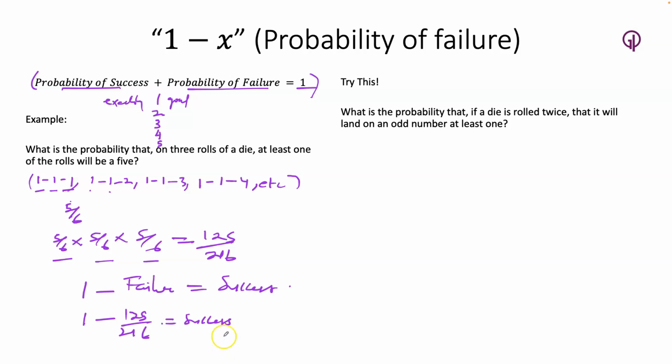And therefore success is this minus this, which is 91 all over 216. So if you want to find the probability that on 3 rolls of a die at least one of the rolls will be a 5, this is it: 91 over 216. Now try your hands on this question and see if you're able to solve it.